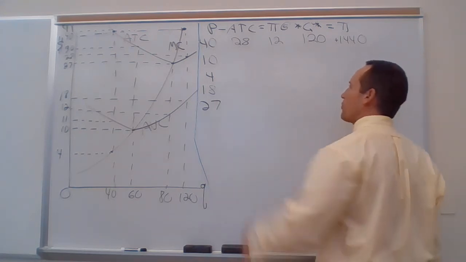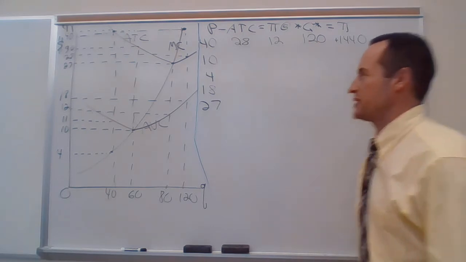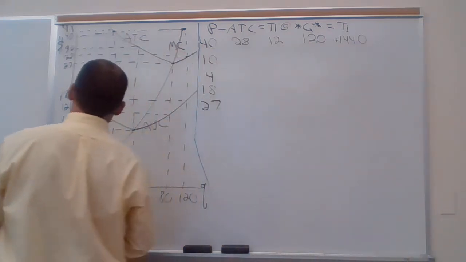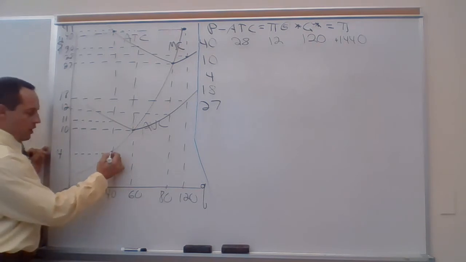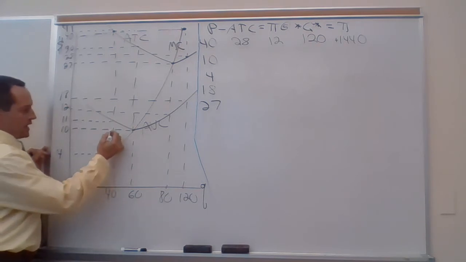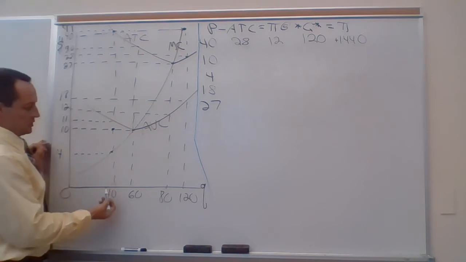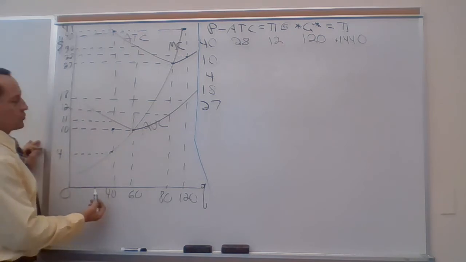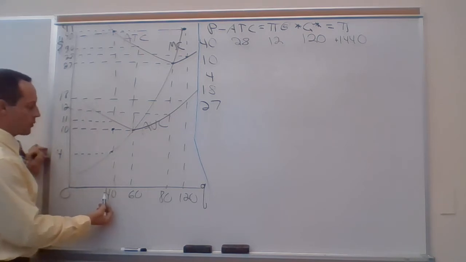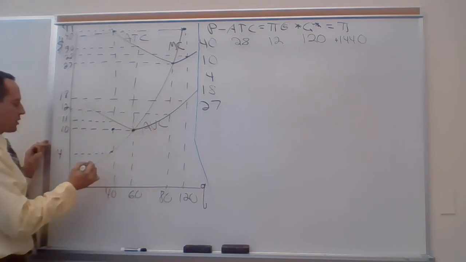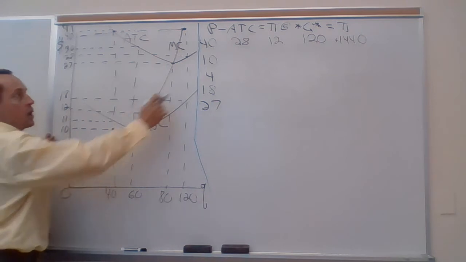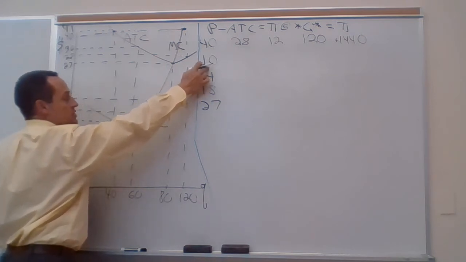What happens if price soon falls all the way down to 10? Well, taking a look here. The 40th unit costs us $4, and we're getting paid $10. So making 40 units would pay for itself. At 60, the 60th unit costs us $10, and we're getting paid 10. The prevailing price now is 10.